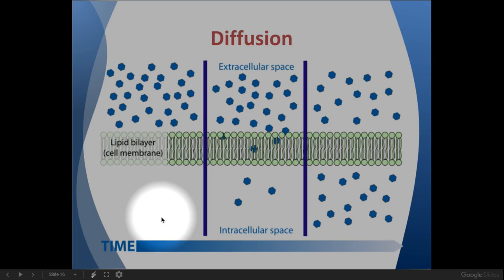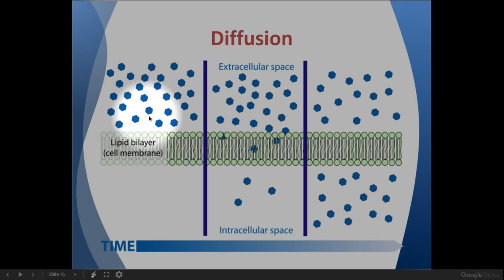And one of the reasons that they do that is because molecules are constantly in motion and they're bumping into each other. And when they bump into each other in a high concentration, there are a lot more collisions. And those collisions force them into areas where there's less of those molecules. And so they move from a high concentration to low concentration.